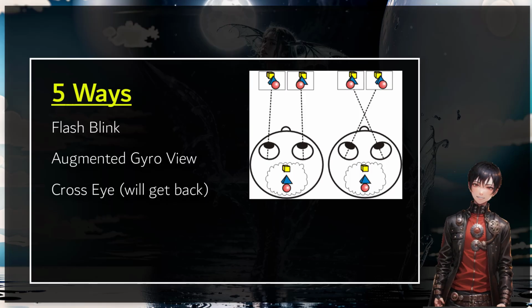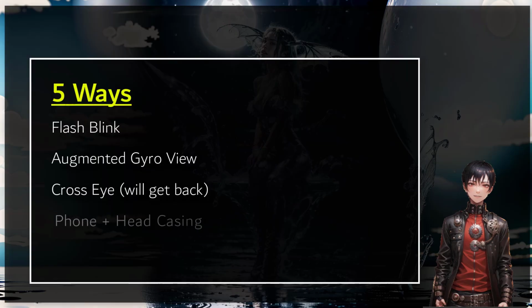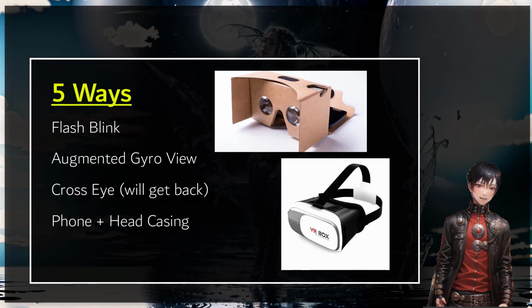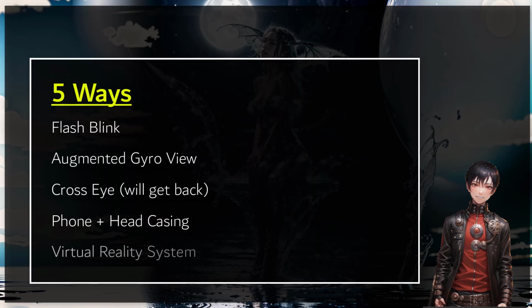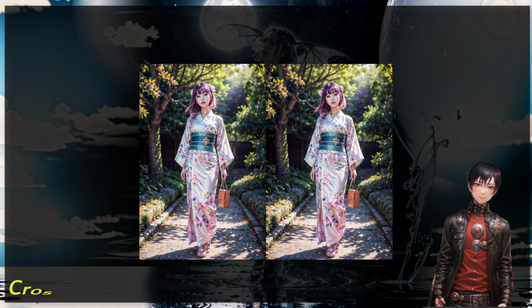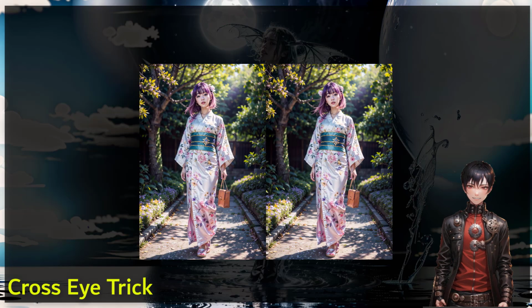My favorite is the cross eye, which is basically just crossing your eyes to superpose both images. We'll get back to that. There's also the headcase plus phone, so the lightweight version of the VR headset. And then there's the actual VR headset, where you put on the actual stereo video, and then you see in both eyes with the VR headset.